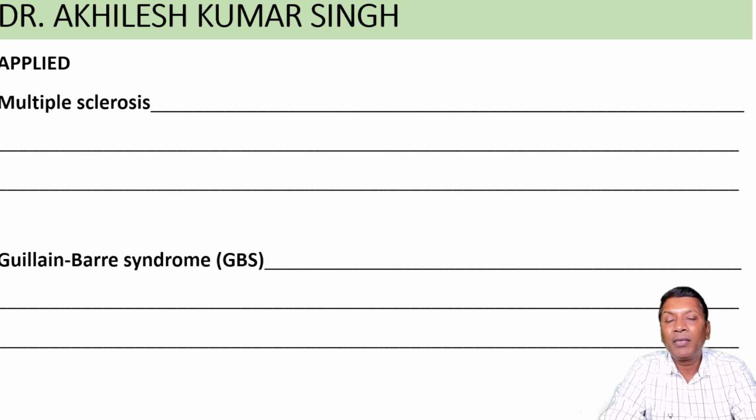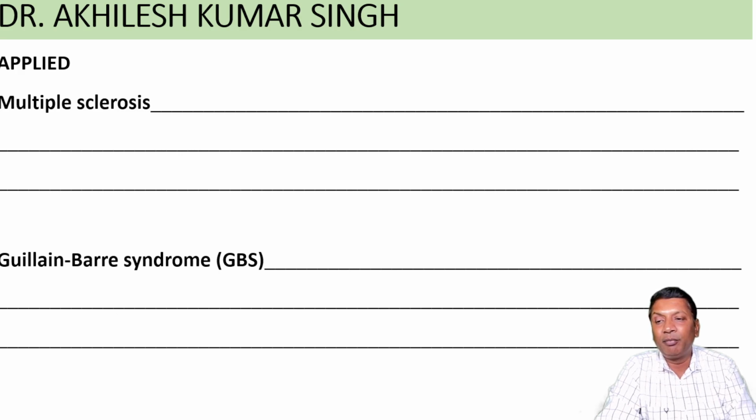So in the next part of this, I will discuss the two applied aspects of these glial cells. Number one applied aspect is multiple sclerosis, and the second one is Guillain-Barré syndrome. So multiple sclerosis is an autoimmune disease.